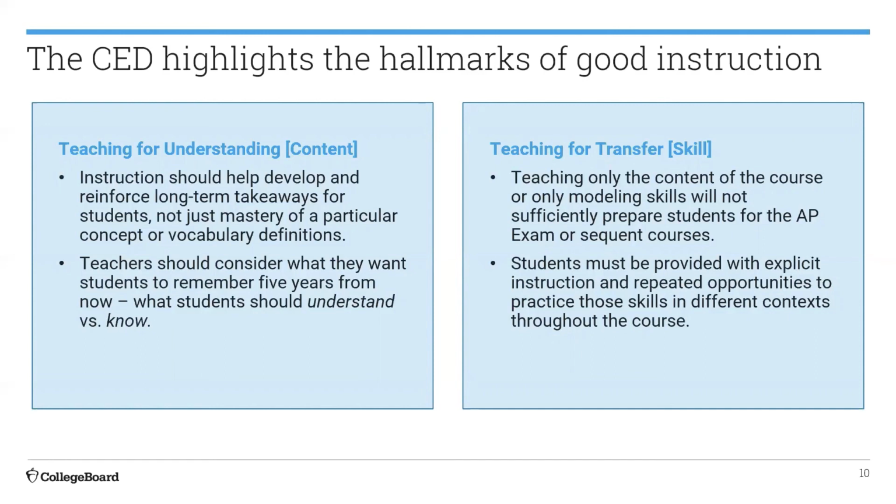If I taught U.S. history, perhaps I teach about the Articles of Confederation over 1 or 2 class periods, and then I move on. But with skill, I want to teach students how to apply it in multiple different contexts. So I'm going to need to teach them how to make a historical claim at different points throughout the course. It's not one and done, and we want to make sure that we provide those opportunities.